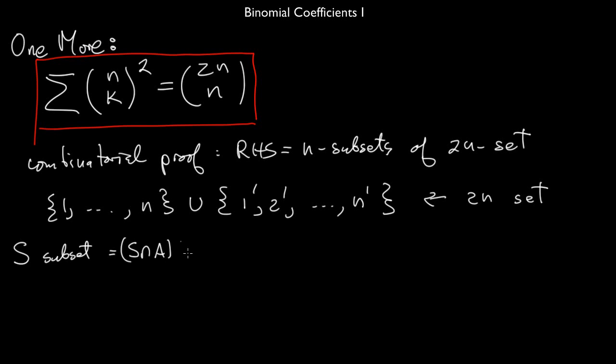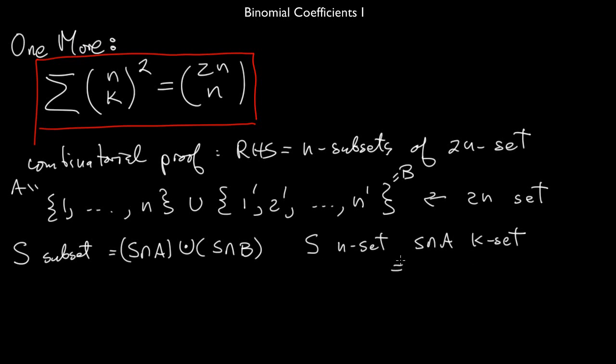I can write it as S intersect A, a disjoint union with S intersect B, where A is the first n guys and B is the second. So to get a subset, you have to pick a subset of the first n and a subset of the second n. Okay, and S is supposed to be an n set. So if S intersect A is a k set, then S intersect B has to be an n minus k set.